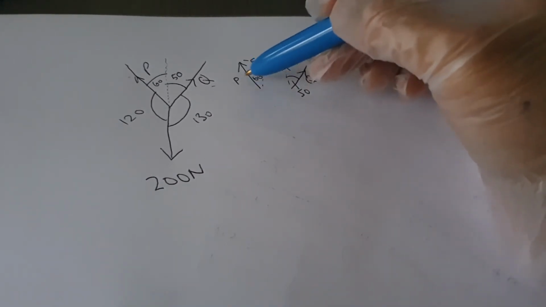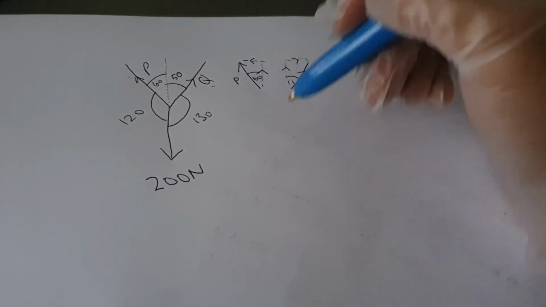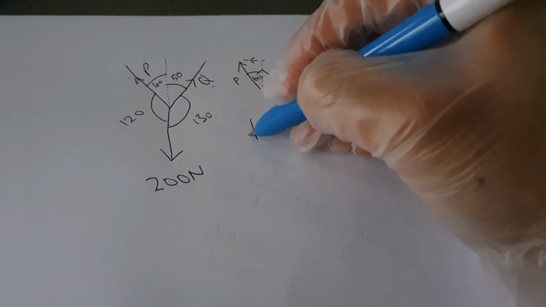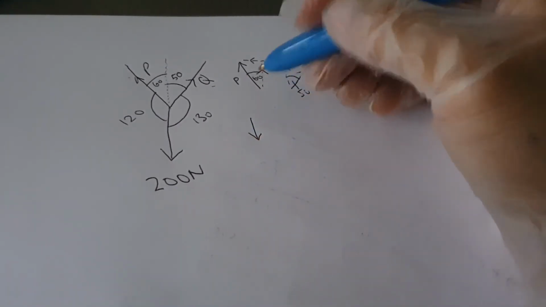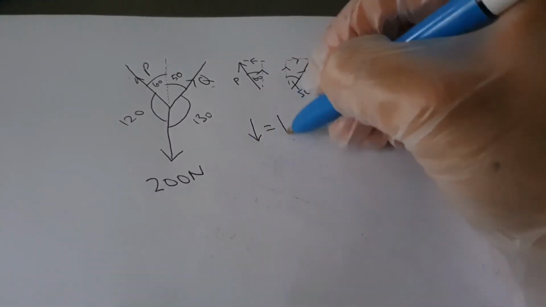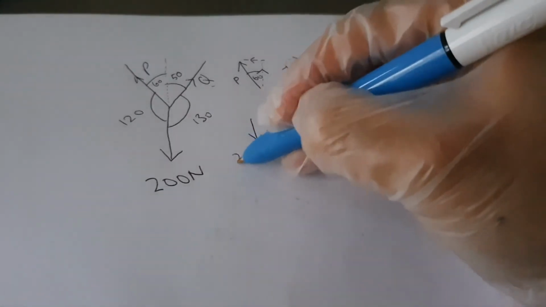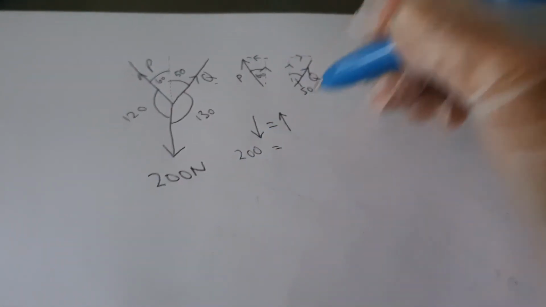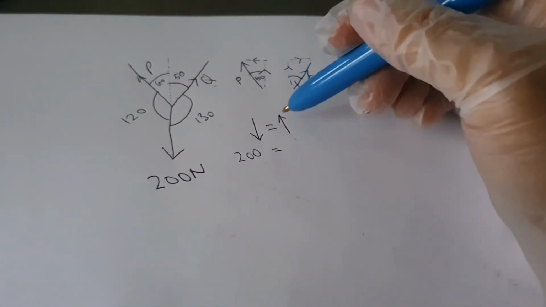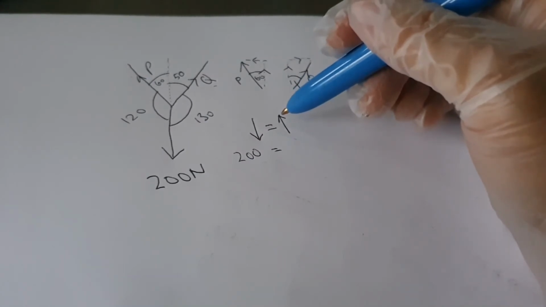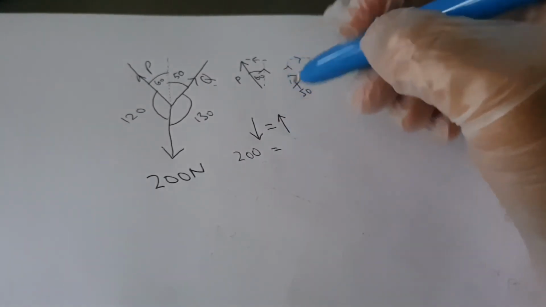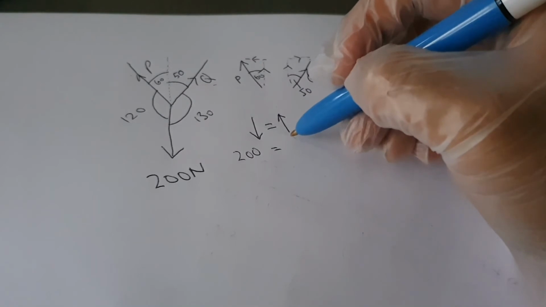So the vertical, this is in equilibrium, so that means let's just do it diagrammatically. So downwards force is equal to up. In this case, the down is 200. We're going to add the upwards forces.